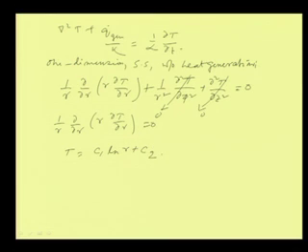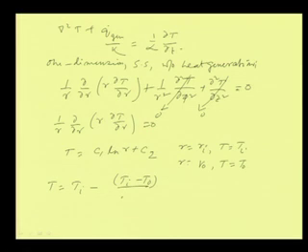Now, putting suitable boundary conditions, like r is equal to r I, T is equal to T I, and r is equal to r O, T is equal to T O, we can come down to exactly the similar temperature profile that we have got, that T is equal to T I minus T O by ln R O by R I into ln R by R I.